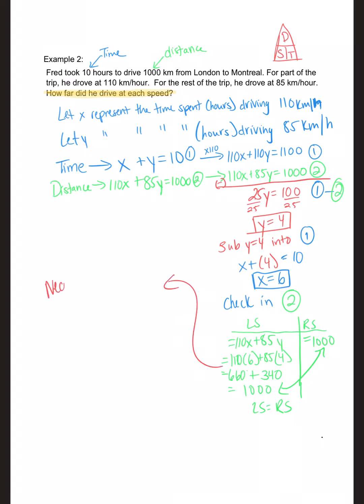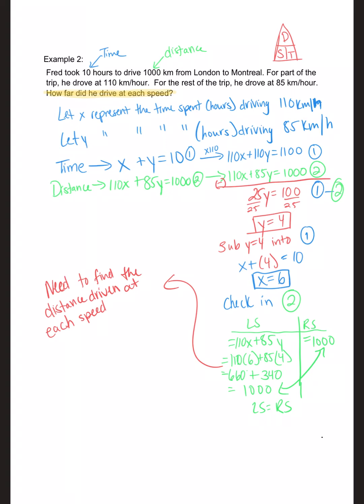We need to find the distance driven at each of those speeds. And actually, we kind of just did that in our check, but I just want to make that point again.